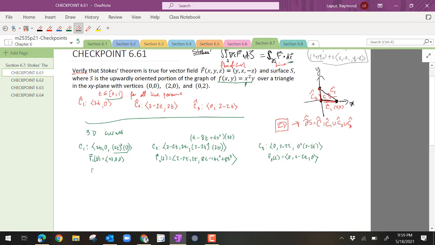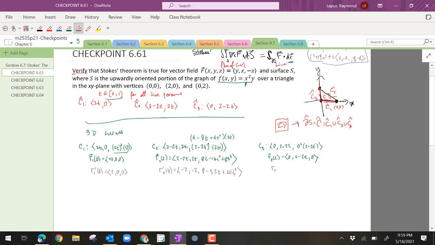Now let us take the derivative of each one because we will again need to dot it with f of r. So r1 prime of t is going to be 2 comma 0 comma 0. R2 prime of t is going to be negative 2 comma negative 2 comma, now this polynomial is going to be an 8 minus 32t plus 24t squared. That's your derivative.